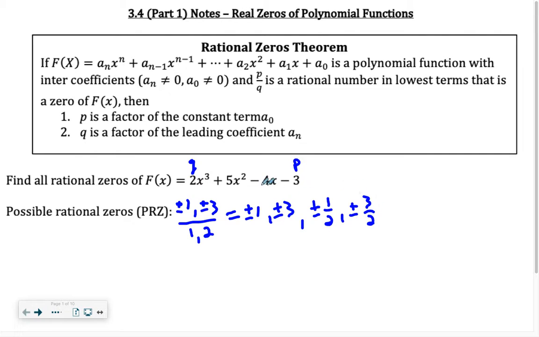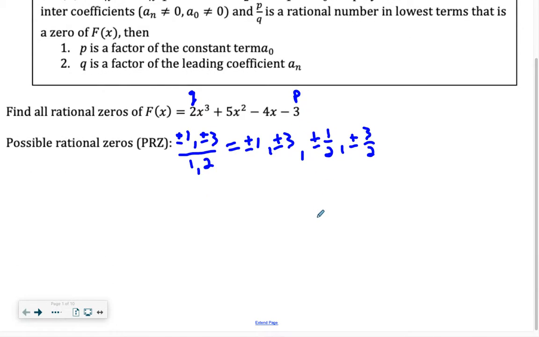Okay, so we come up with this list right here of 8 possibilities, right? Positive 1, negative 1, positive 3, negative 3, positive 1/2, negative 1/2, and positive 3/2, negative 3/2. This list is all of the possible rational zeros.